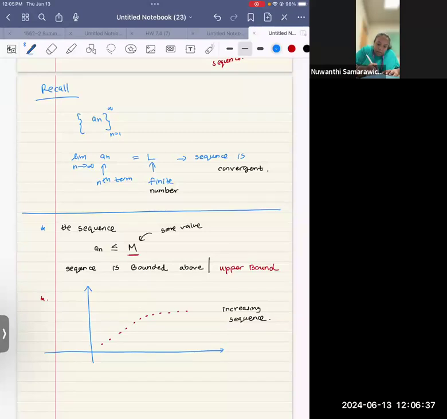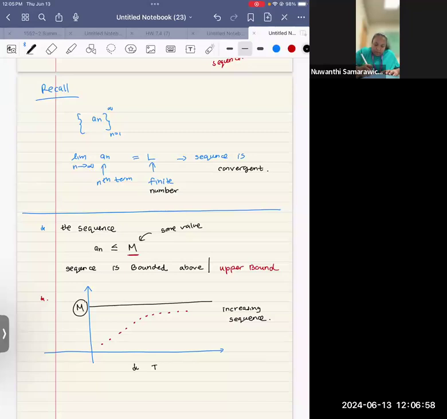And it doesn't go beyond this line. This line is M. These discrete points don't go beyond this number.